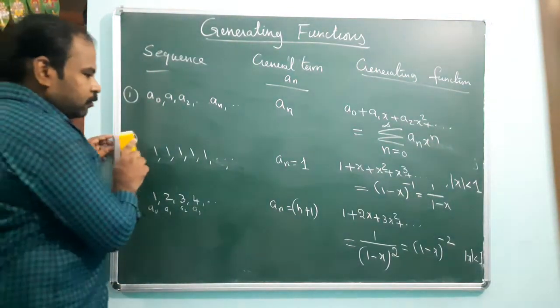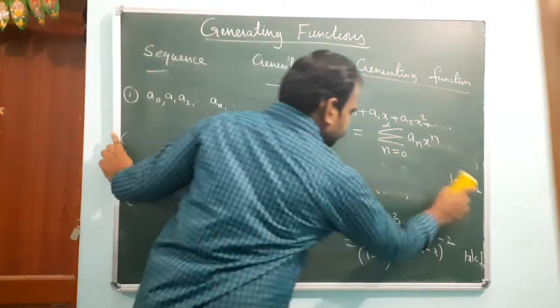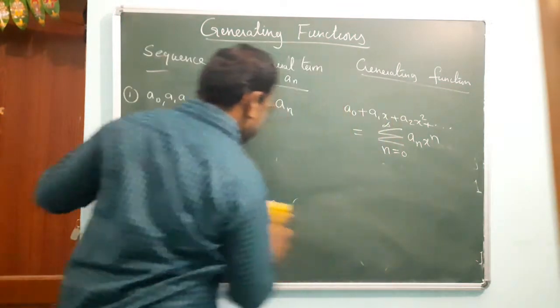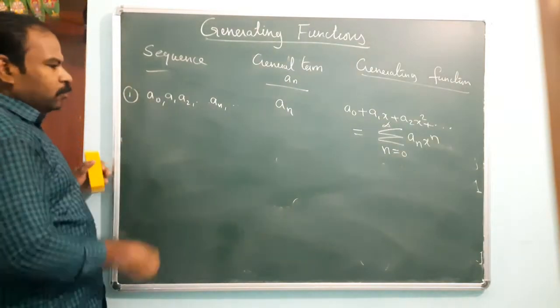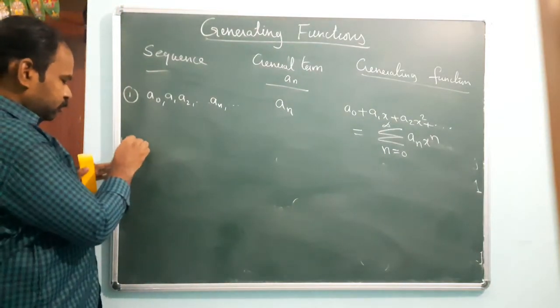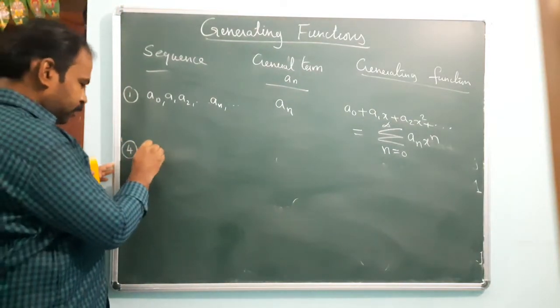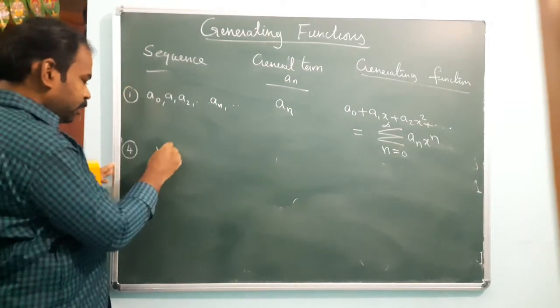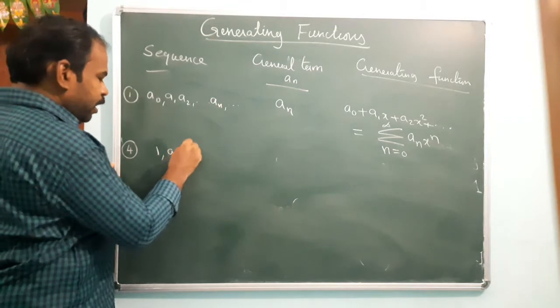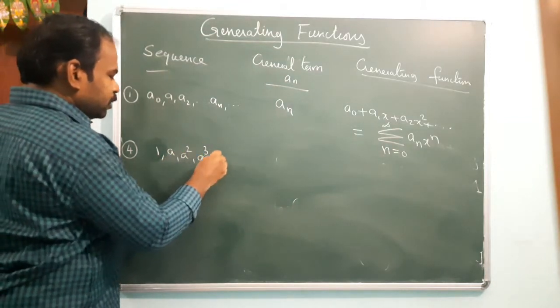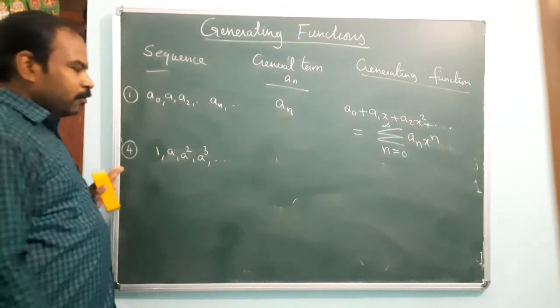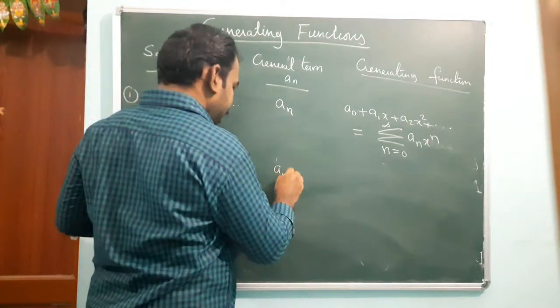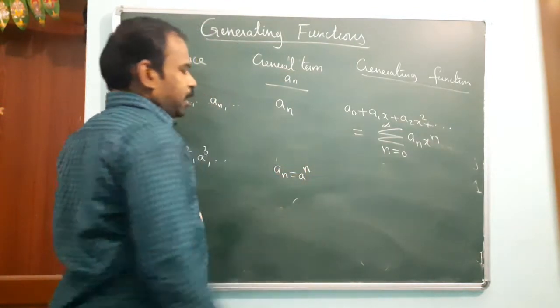Next, some more important examples. The sequence 1, a, a square, a cube, etc., where an is a power n.